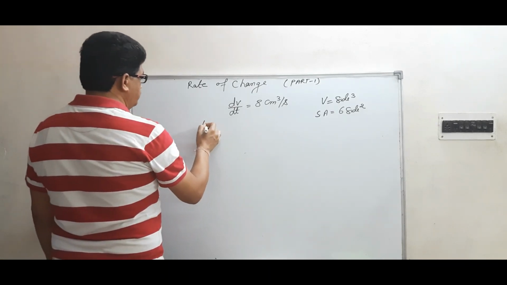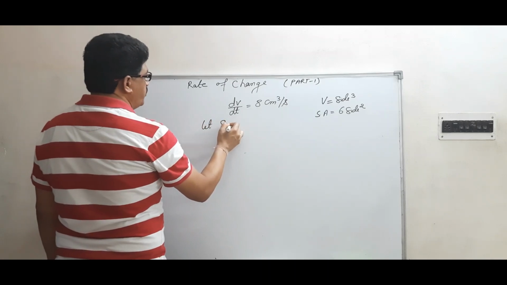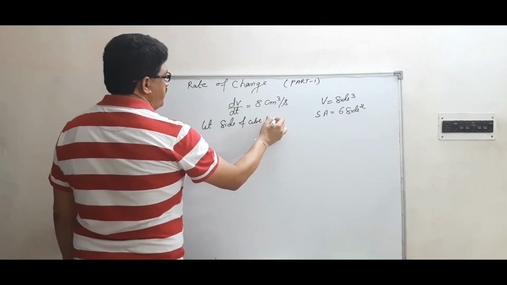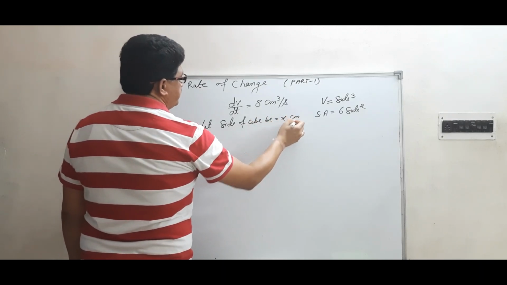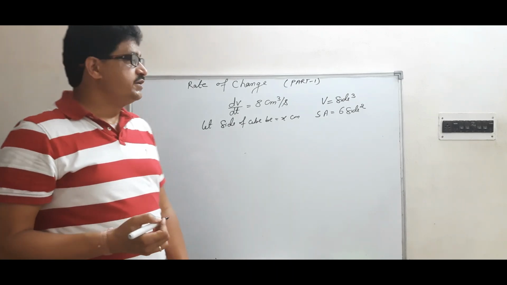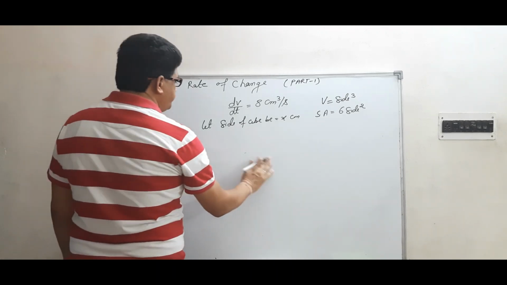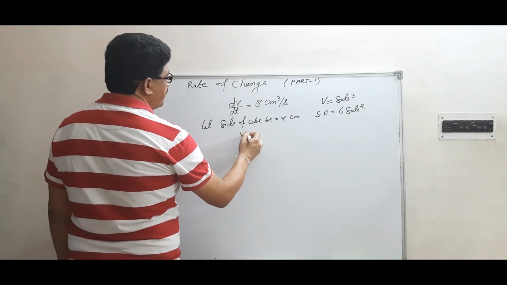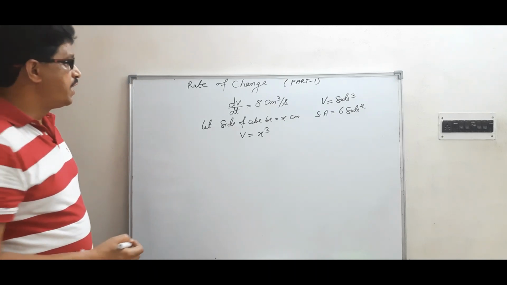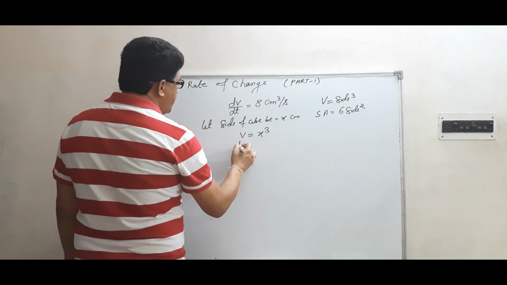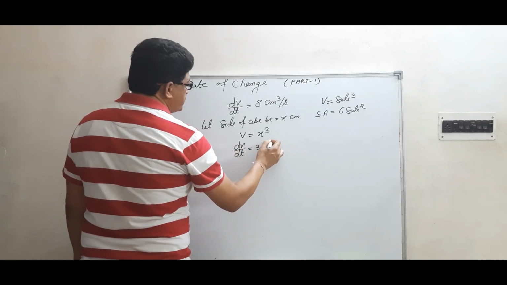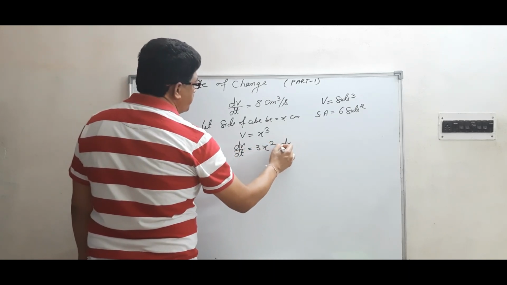Let side of cube be x centimeter. If side of cube be x, then its volume is x cube, and dV upon dt is 3x square dx upon dt.